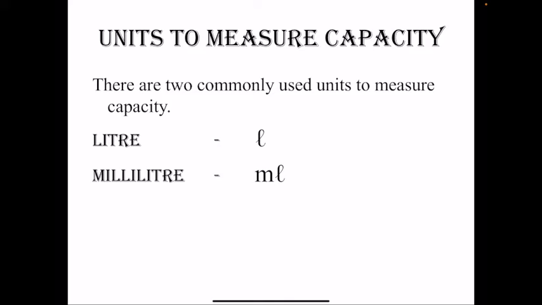As you can see, liter in short form is written as small l, and milliliter is written as ml. Some people call it ml also, but it is known as milliliter, and you should practice it that way only. Okay, children? So these are the two units to measure capacity, liter and milliliter.